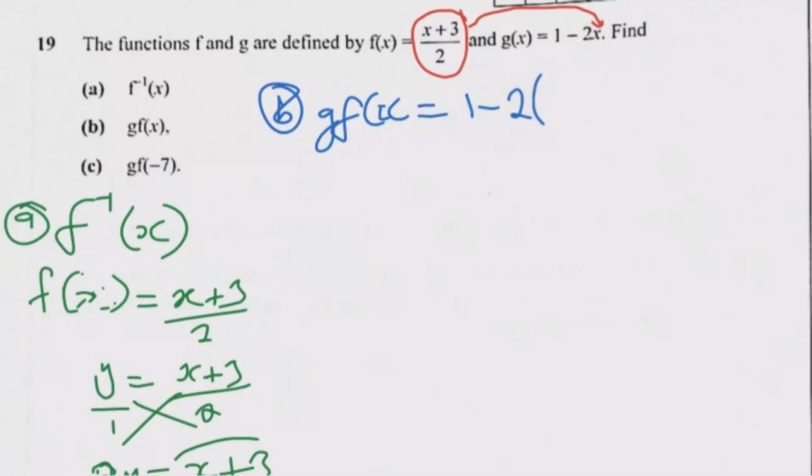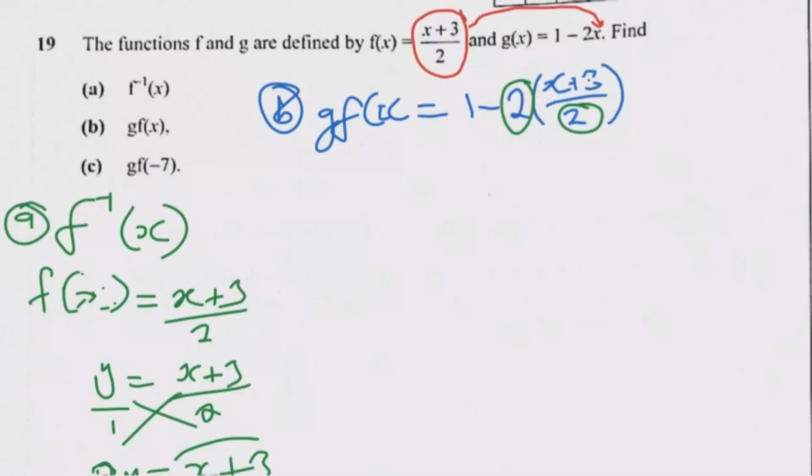So we say open bracket, then x plus 3 over 2, then close bracket. Before we multiply, we can just say what number can go into this 2 and this 2, which is 2 itself.